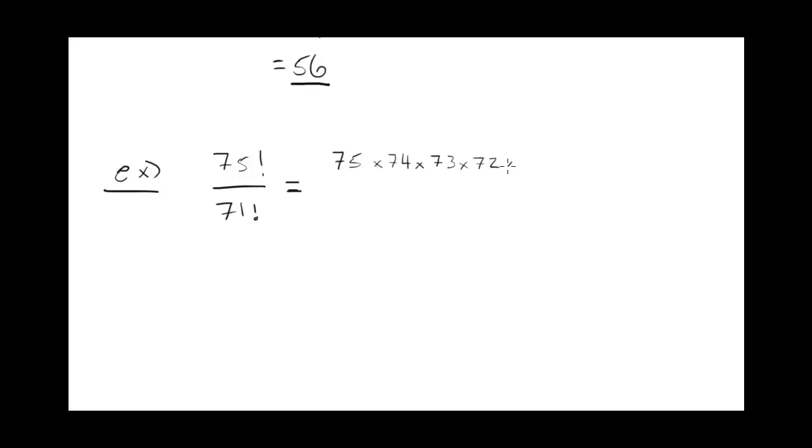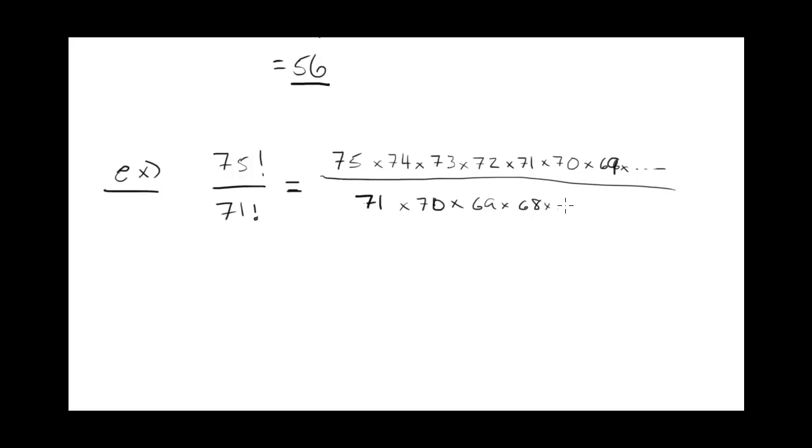But fortunately, we can just do some simplification. I'm not going to write 69 times, and I'm not going to write any more. Keep going down. So 75 factorial is 75 times 74 times 73, etc., 70, etc. And we don't need to write them all down. Notice there's a lot of simplification that happens here, right? 71, 71 go. 70, 70, 69, 69. 68, the next one will be 68.